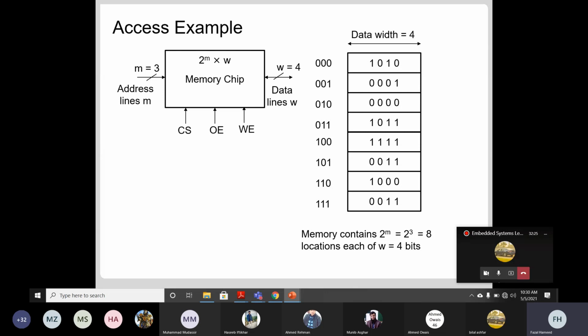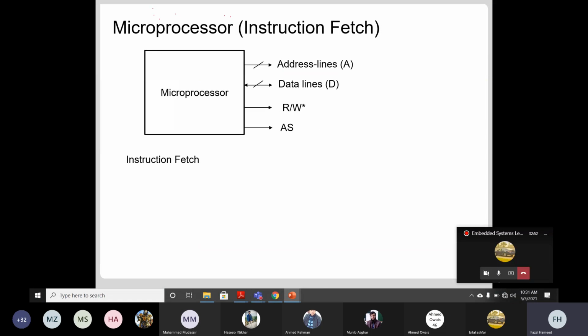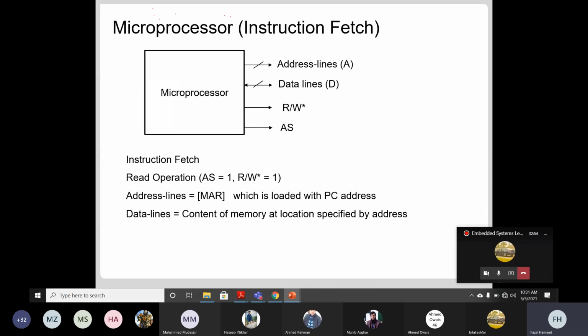And what will be contained under data lines, if it's a read operation and the address is 110? 1000, yes. So this is the same thing: the content of the memory which is specified by the address. Okay.